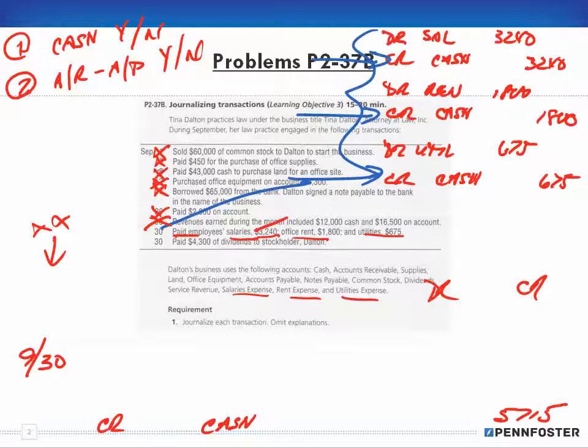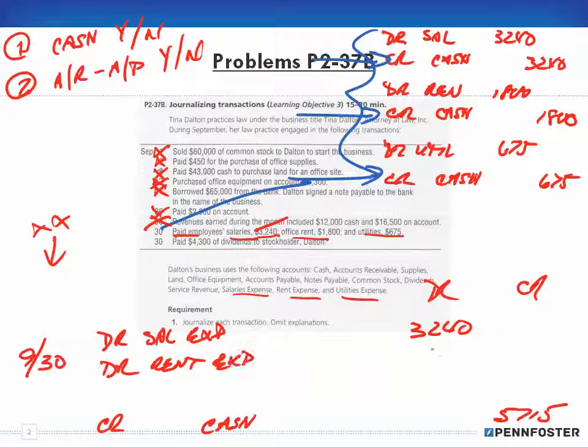Okay, and what am I left with? Well, I'm left with a debit to salaries expense for $32.40, a debit to rent expense for $1,800, and a debit to utilities expense for $675.